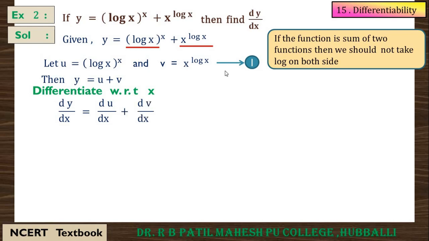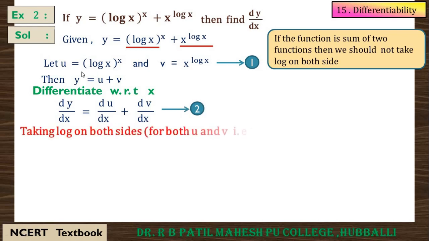Now from equation 1 we have functions u and v. You find du by dx and dv by dx, then substitute in this equation, that becomes the dy by dx answer. So take this as equation 2. Now you find out what du by dx and dv by dx are. For that you take logarithm on both sides.